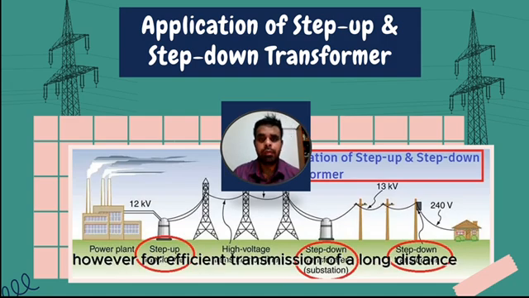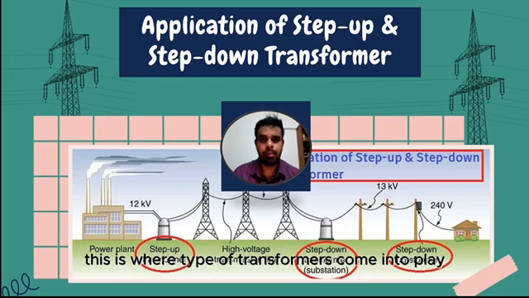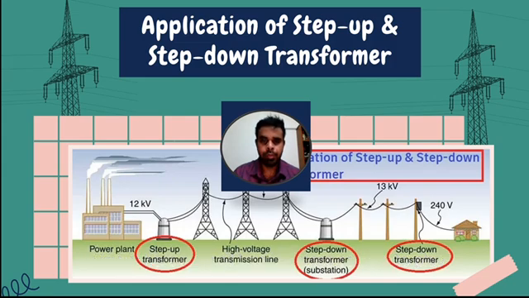However, for efficient transmission over long distances, the voltage needs to be increased. This is where step-up transformers come into play. The generated electricity is fed into a step-up transformer, which increases the voltage to a much higher level, often in the hundreds of thousands, or even millions of volts.